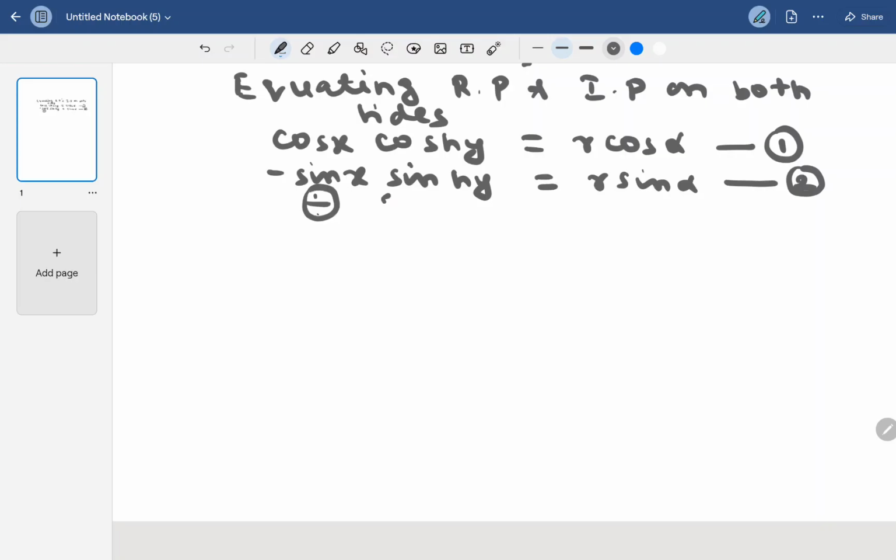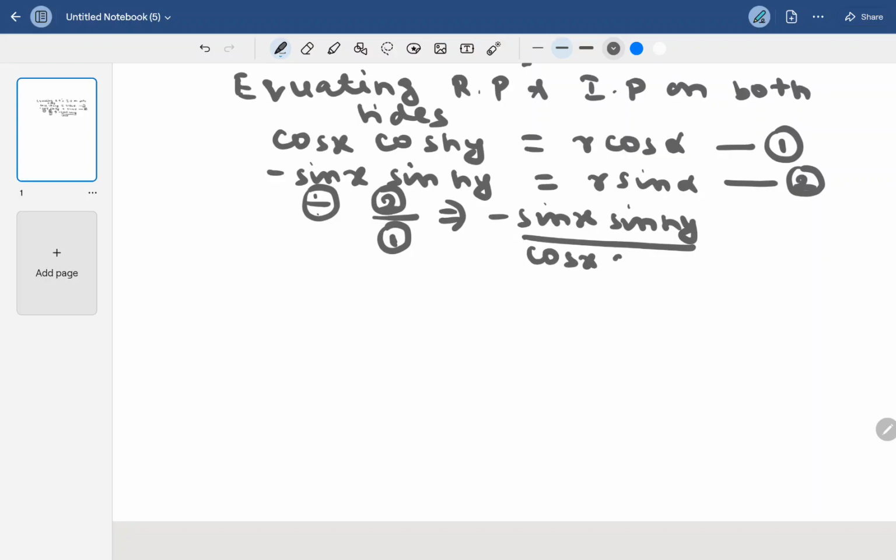Divide 2 by 1. What will we get? Numerator minus sin x sin hy, denominator cos x cos hy, or sin alpha by cos alpha. R cancels.